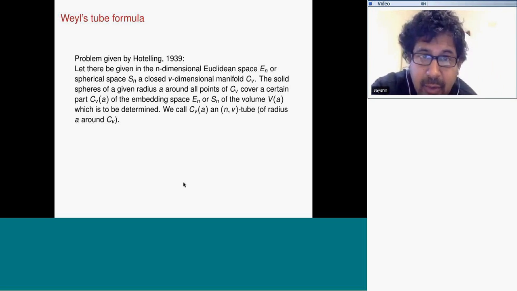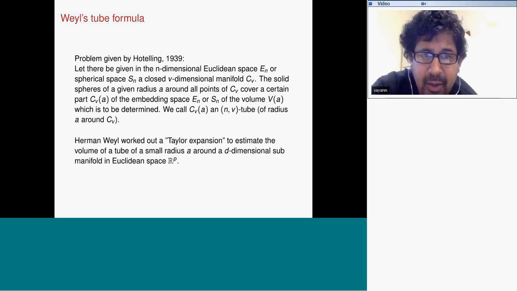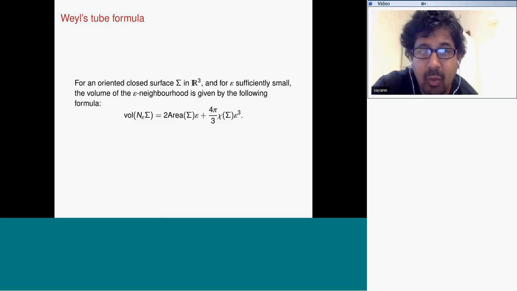The problem he gave was: if I have a Euclidean space, I want to basically thicken the space slightly and ask what the volume is around it. You can think of this as a Taylor expansion to estimate the volume of a tube of small radius around a d-dimensional submanifold in space.